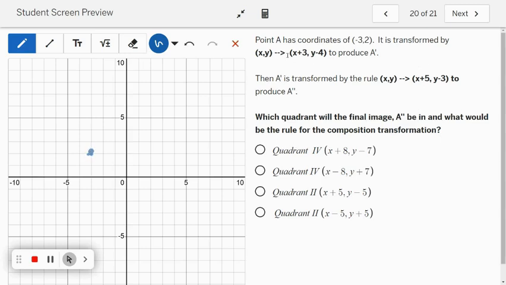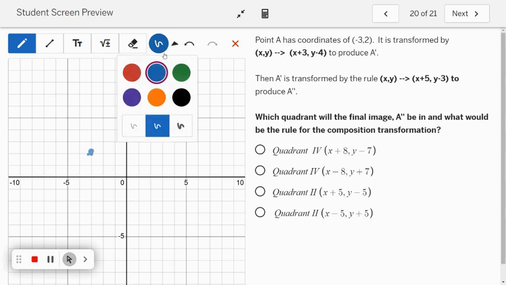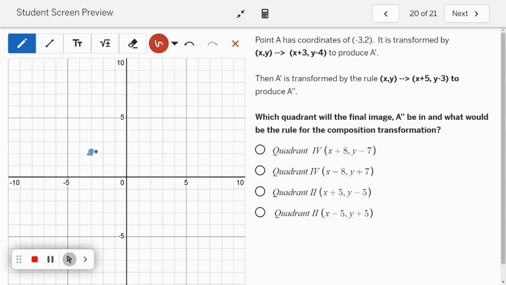And then it's transformed by the translation x plus 3, y minus 4. So x plus 3 means to go right 3. Let's choose a different color now. So we're going to go right 3, 1, 2, 3, and we're going to go down 4, 1, 2, 3, 4. And so this is A prime. And let me go ahead and label the blue one as A.